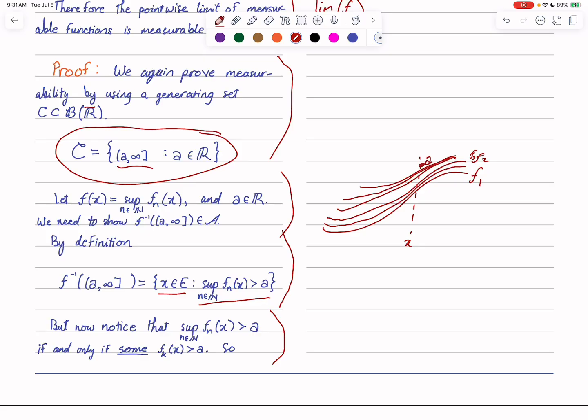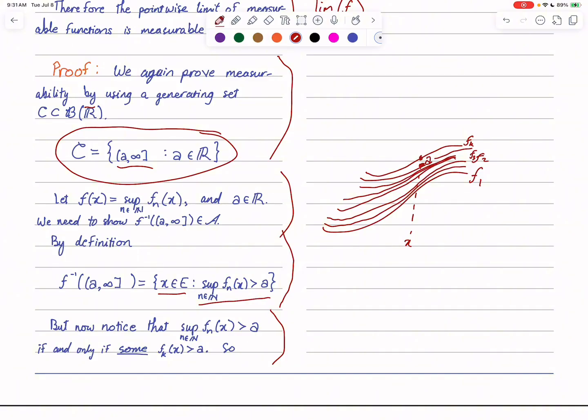if it converges to a, or even if it runs through a at some point, then we would have that the sup is less than or equal to a. And similarly, if the values all stay strictly below a. So the only way for the sup to be strictly greater than a is you have to have some function that actually pops up above the value a.